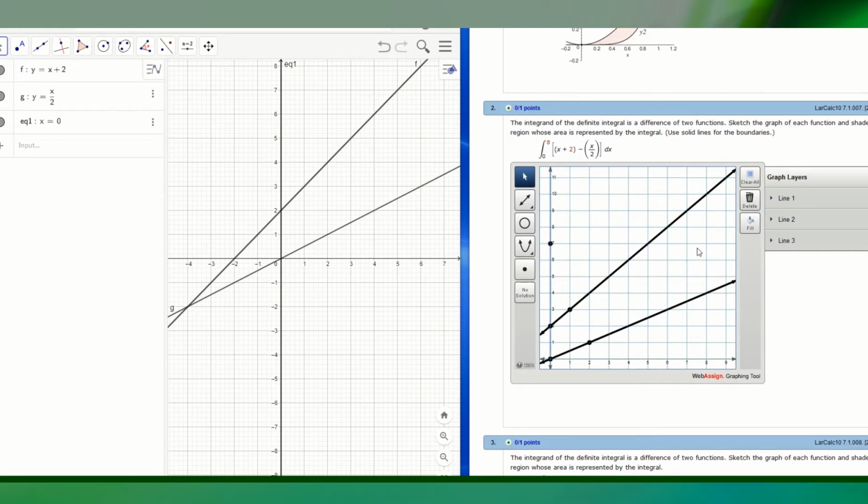Then again, I need x equal to 8. X equal to 8 is a line parallel to the y-axis passing through the point 8, 0. So maybe I can choose another line.